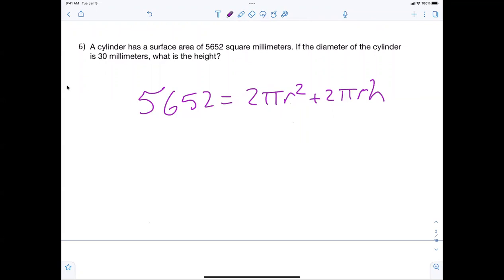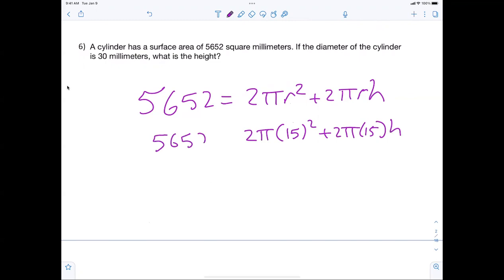Anybody? And it says the diameter is what? 30, therefore the radius was 15. So now we just have 2 pi times 15 squared plus 2 pi times 15 times the height, 5,652 equals.